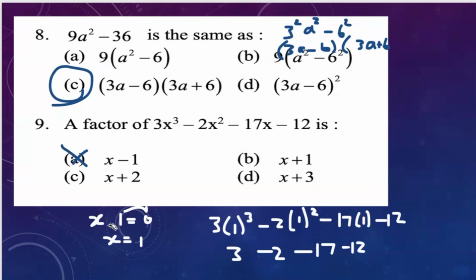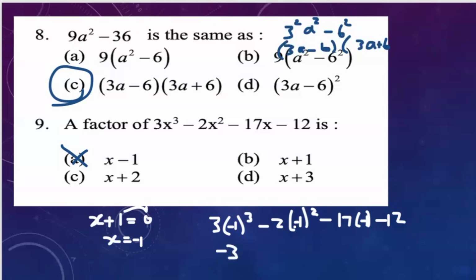So once again, we are going to test, see if the value gives us 0. So it's x plus 1, so we carry the 1 over, so it becomes x equals negative 1. So replace negative 1 here, and let's see if we get 0. So negative 1 cubed is minus 1, so minus 1 times 3, that's negative 3.